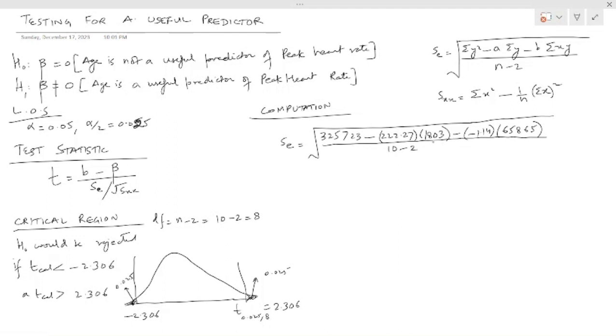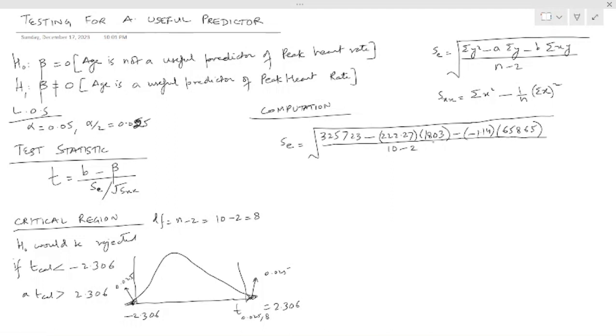We can now work out 325,723 minus 222.27 times 1803, and then minus times minus will make it plus 1.14 times 65865.